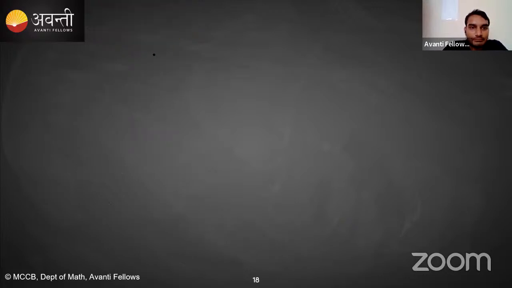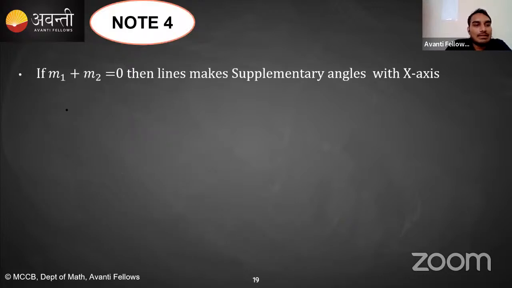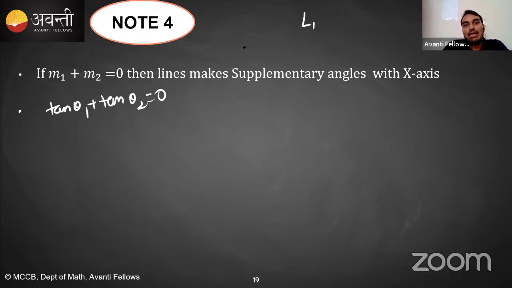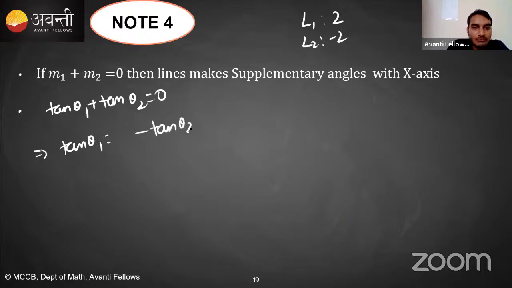Clear? Okay. So now similarly, if your sum of the slopes is 0, means tan theta 1 plus tan theta 2 is 0. Think of it like this: the L1 line has slope 2, the L2 line has slope minus 2. So what you can infer is that tan theta 1 is nothing but minus tan theta 2.